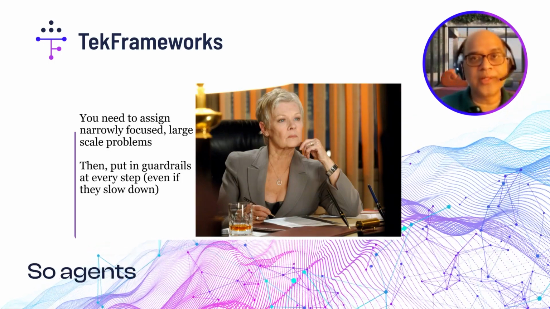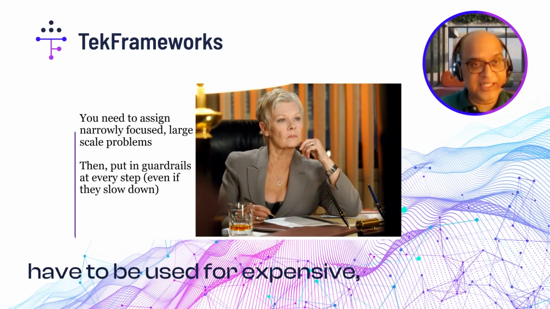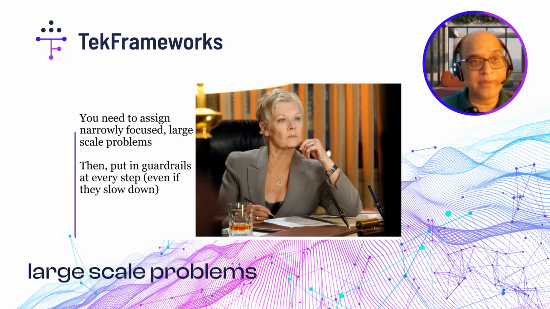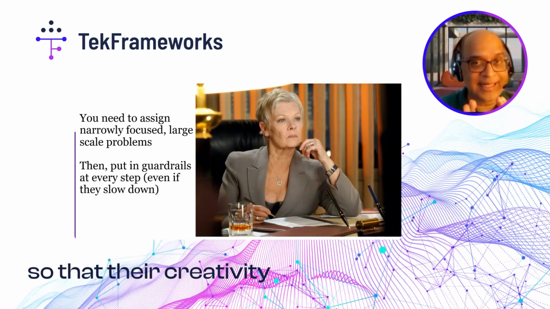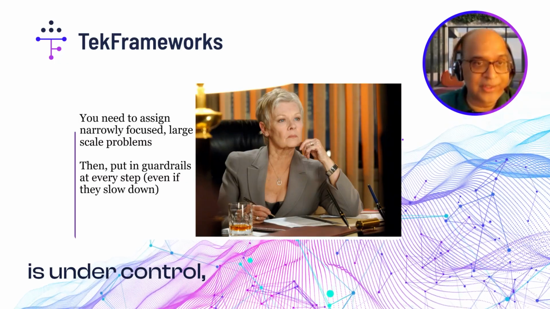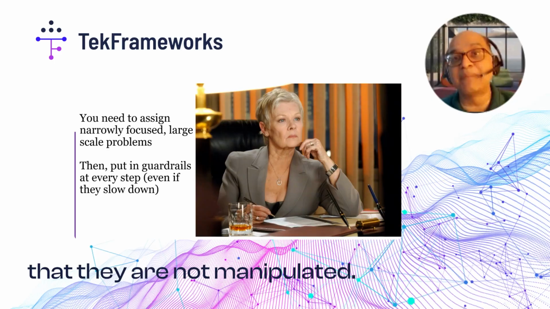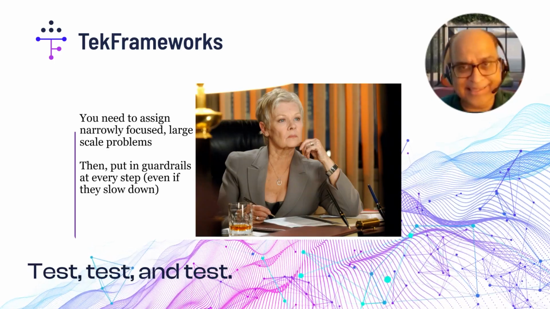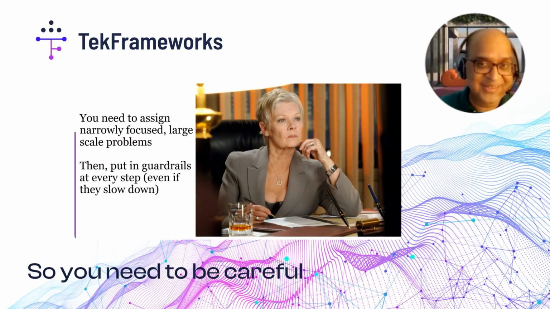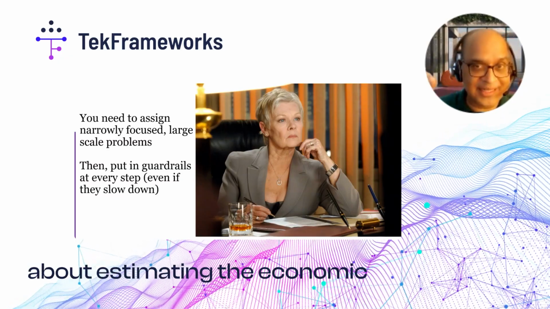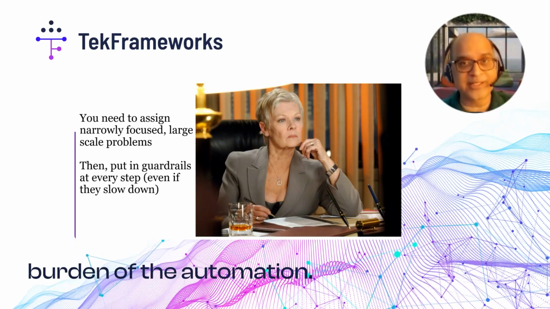So agents have to be used for expensive, large scale problems where the focus is very narrow, so that their creativity is under control, and then put enough guardrails to ensure that they are not manipulated. Test, test, and test. And this leads to a lot of extra expense. So you need to be careful about estimating the economic burden of the automation.